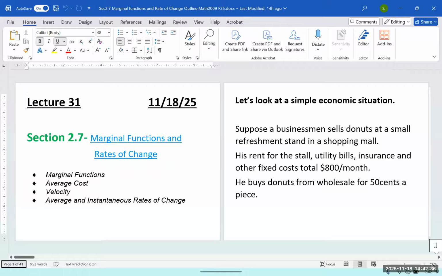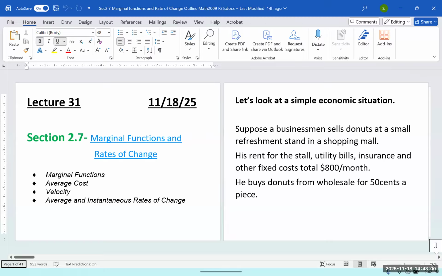Let's look at a simple economic situation. If you're a businessman selling donuts at a small refreshment stand, and you want to calculate your expense. First of all, suppose you have rent, utility bills, insurance, and other fixed costs.